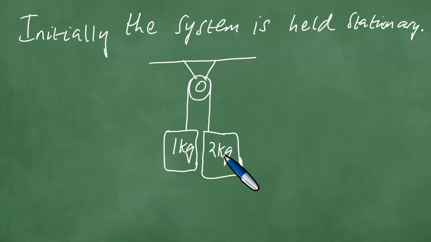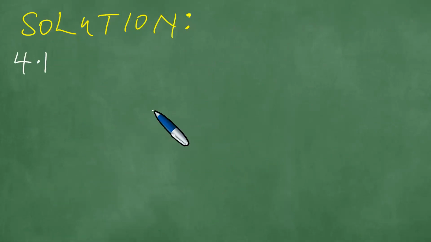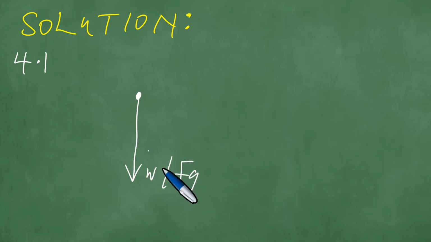If you look at these 2 kilogram, how many forces are acting on it? We have the force in the tension upwards, and the weight, looking at the 2 kilogram block. So now in 4.1, you have the weight or the gravitational force, and you have the tension upwards like this.